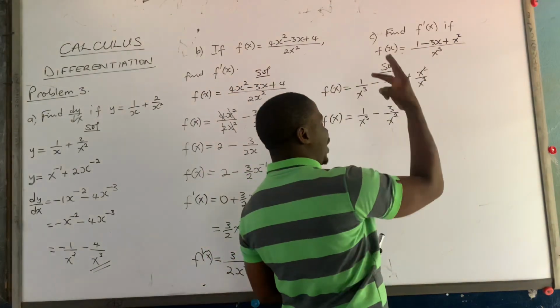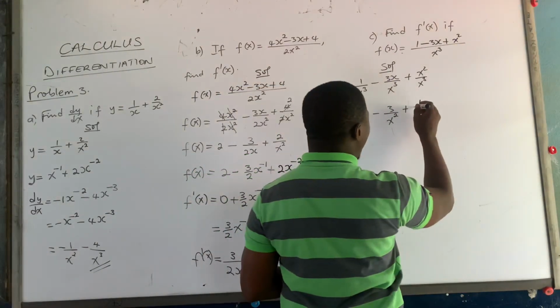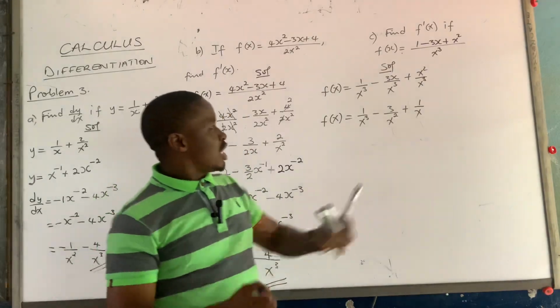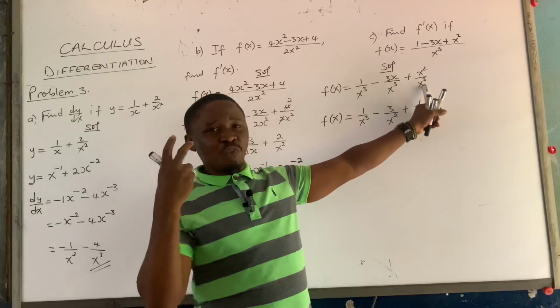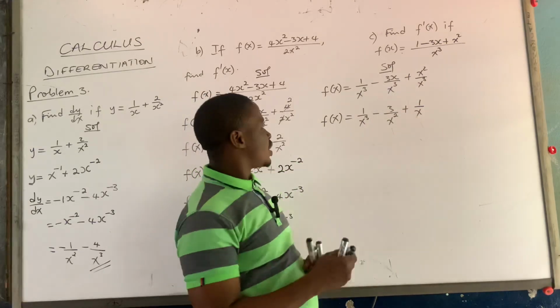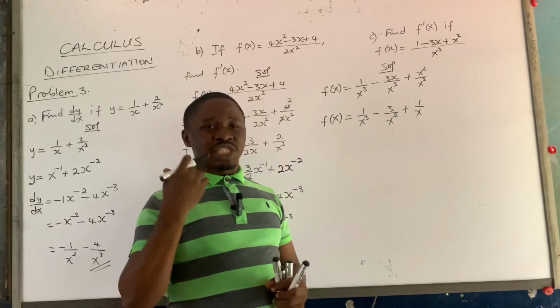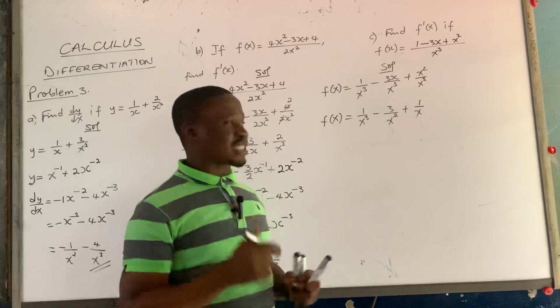So 2 pairs of x takes away 2 pairs of x. So at the top there will remain 1. At the bottom there will remain just x. But our target is to rewrite this until we discourage the denominator from having x.